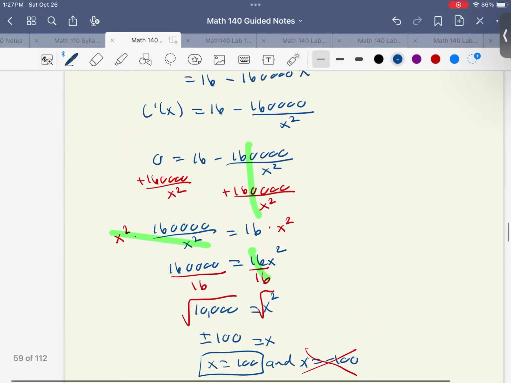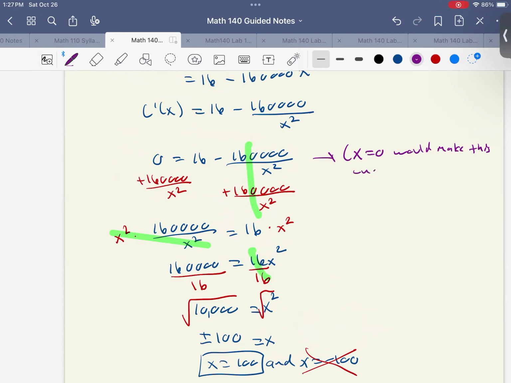So one thing to know here as well is that back up here, x equals 0 would make this undefined, making it also a critical point because we would have like 160,000 over 0, right?